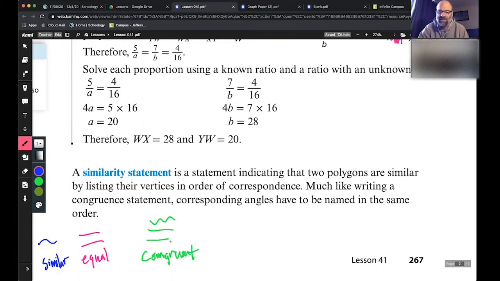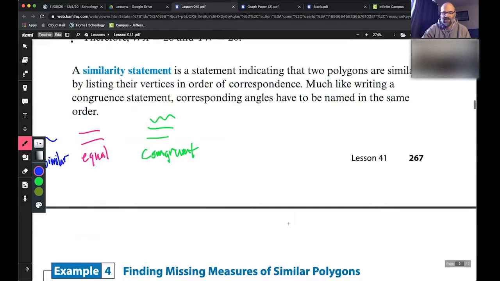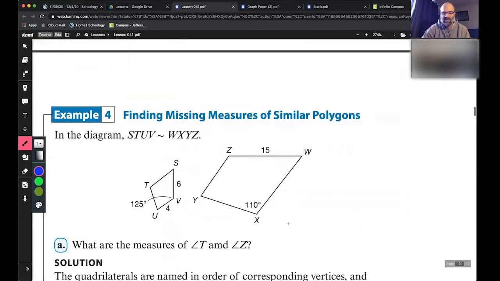Congruent means same size and same shape. Similar means same shape, and equal means equal measures. So congruent combines similar, the same shape, and equal, the same size. See how they combine those two symbols to make the congruent symbol? That's pretty cool.